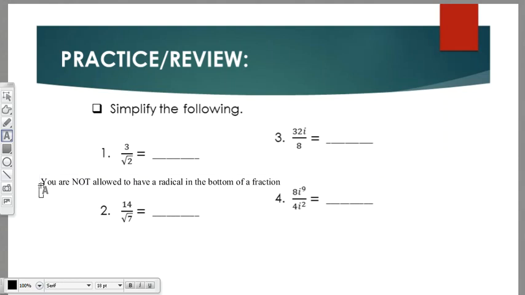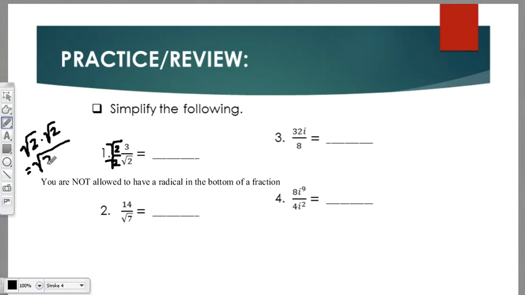So remember, in order to get rid of that radical, what you're going to do is you're going to times the top and the bottom by that exact same radical. I'm going to times the top and the bottom of this by the square root of 2. Here's what happens. Square root of 2 times square root of 2 is the square root of 2 times 2.